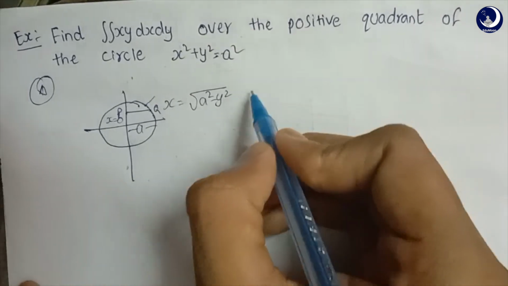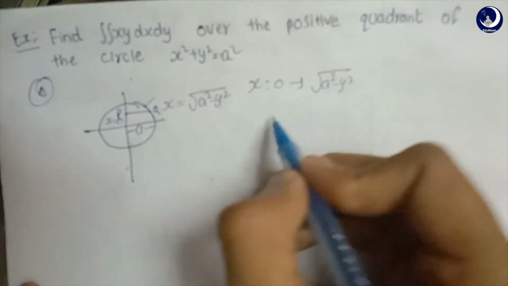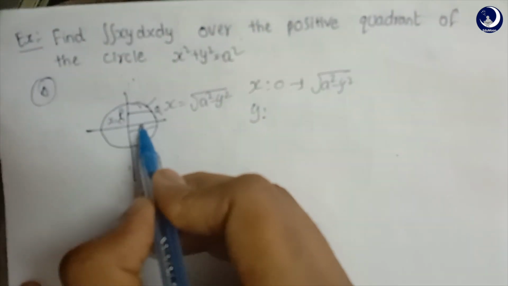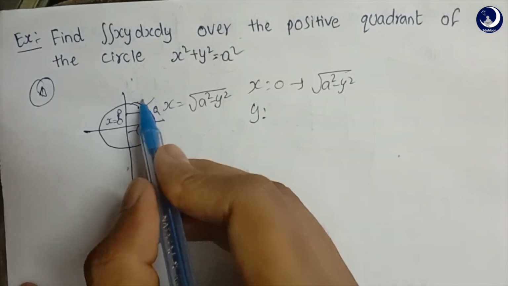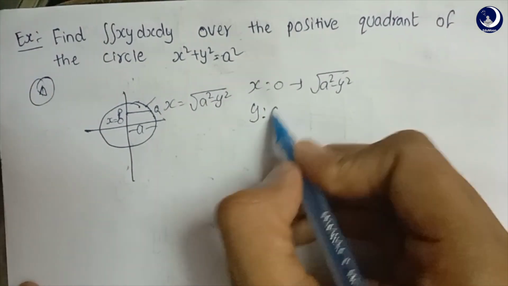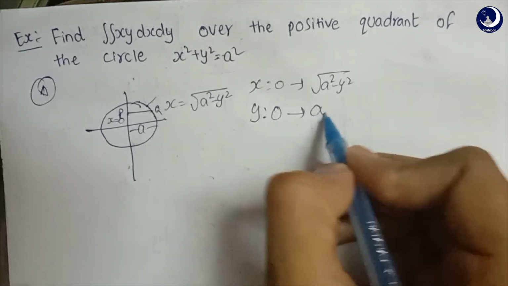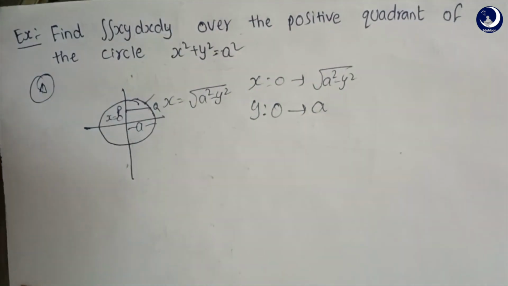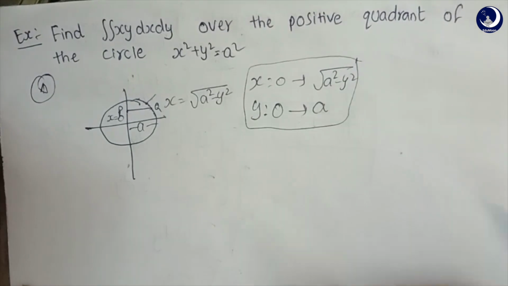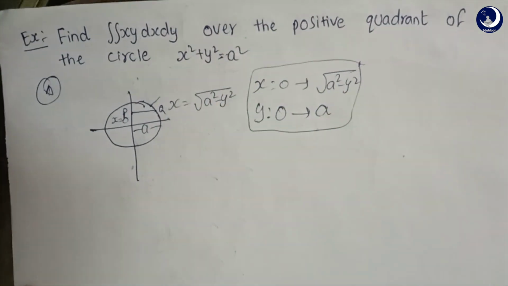The x limits are 0 to root over a square minus y square. Then the y limits go from initial to final. For initial to final, if x equals 0, y equals a. That's why initially y is 0, and finally it becomes a. So for this we have to apply integration. So I took x limits as variables and y limits as constants.